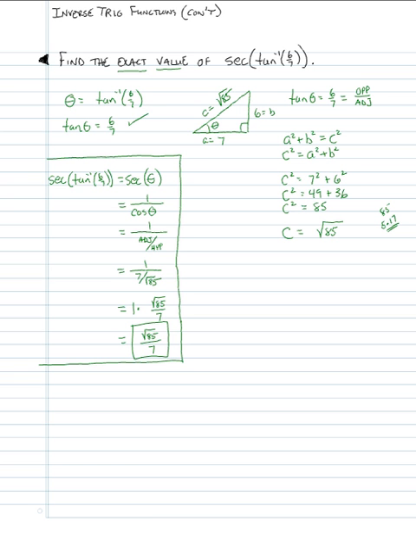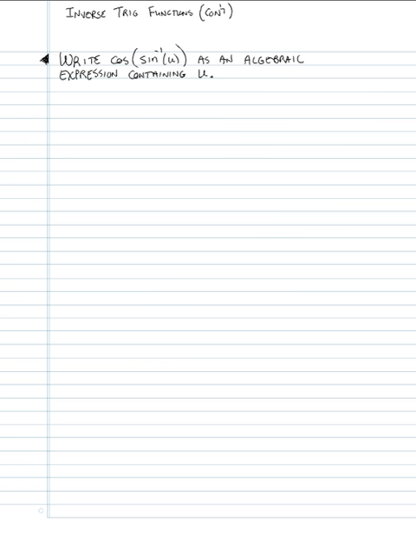Well, let's finish this off with one that's going to follow the same line of reasoning, but the directions are a little different, and we're not dealing with numbers. So we'll look again at that on the next page. You can see here the problem is stated as to write cosine of the inverse sine of u as an algebraic expression containing u.